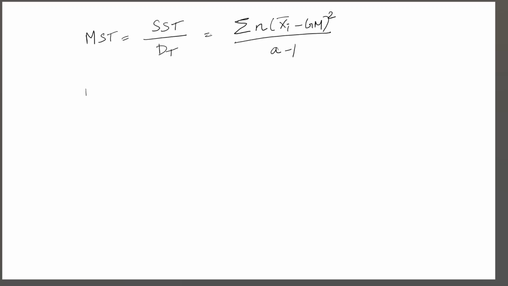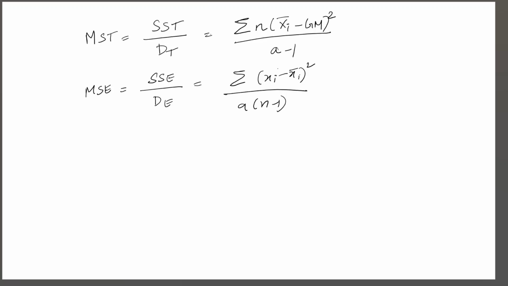This is MST. Then the mean square of error is SSE divided by dE, which can be written as the summation of (xi minus xi bar) the whole square divided by a times (n minus 1). So this is the basic form.